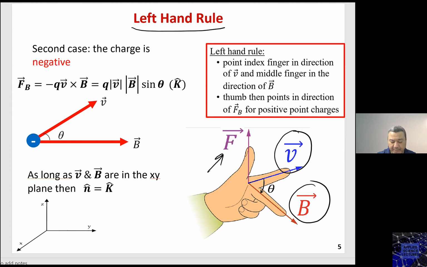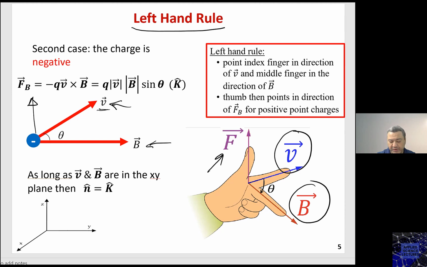So if I use my left hand, put your index finger toward the direction of the velocity, your middle finger is the magnetic field, then you will notice that the force would be pointing upward.